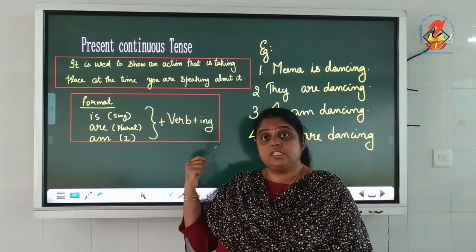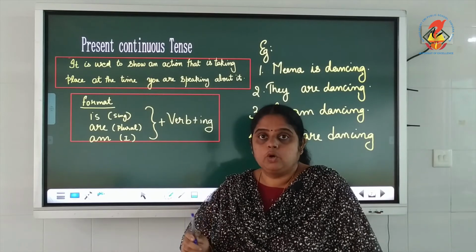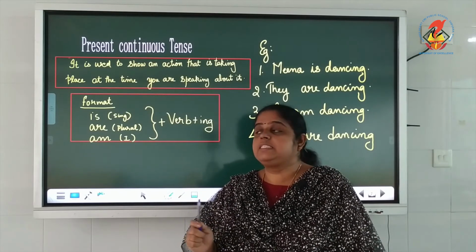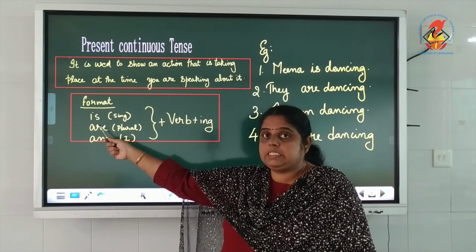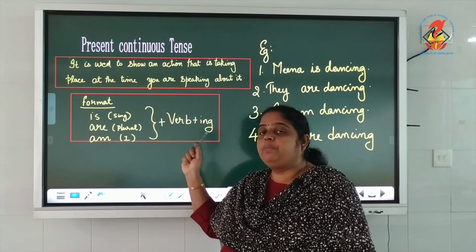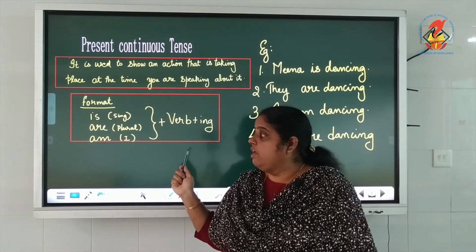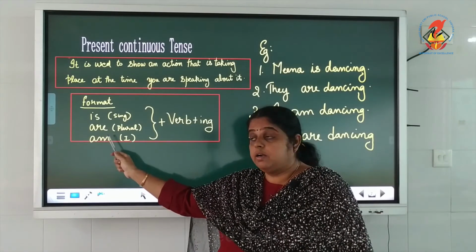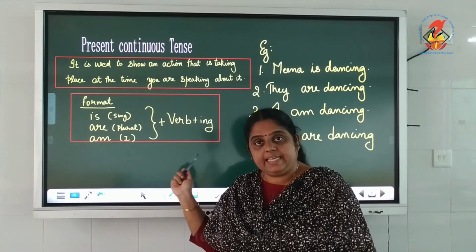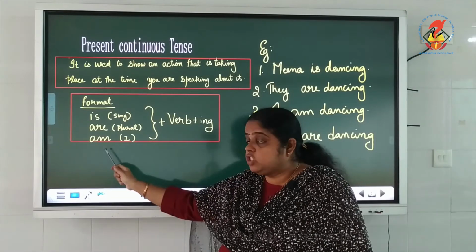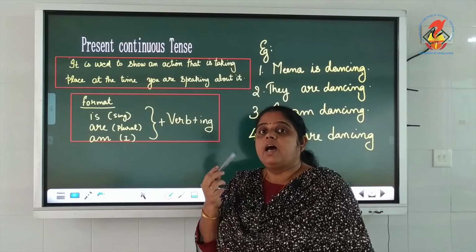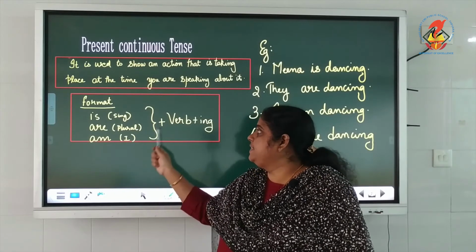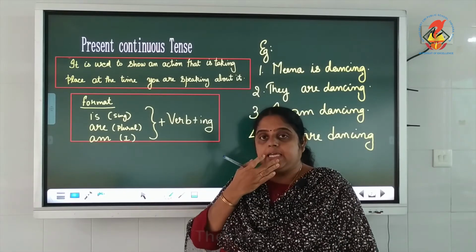When the subject is singular, we use is plus verb plus ing. When the subject is a plural, we use are plus verb plus ing. And when the subject is I, we use am plus verb plus ing.